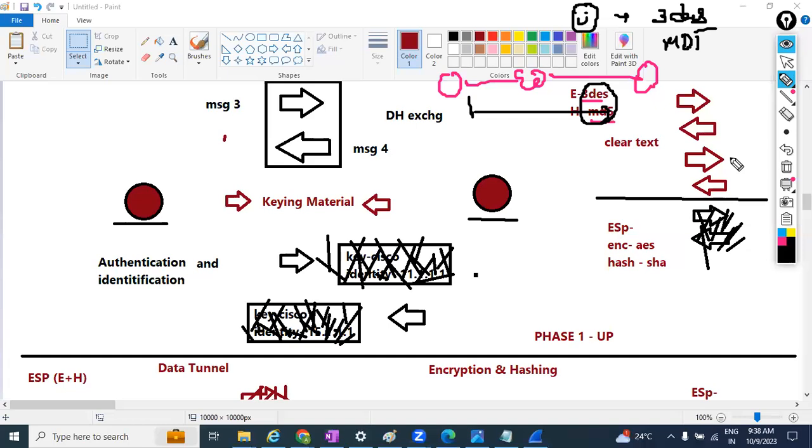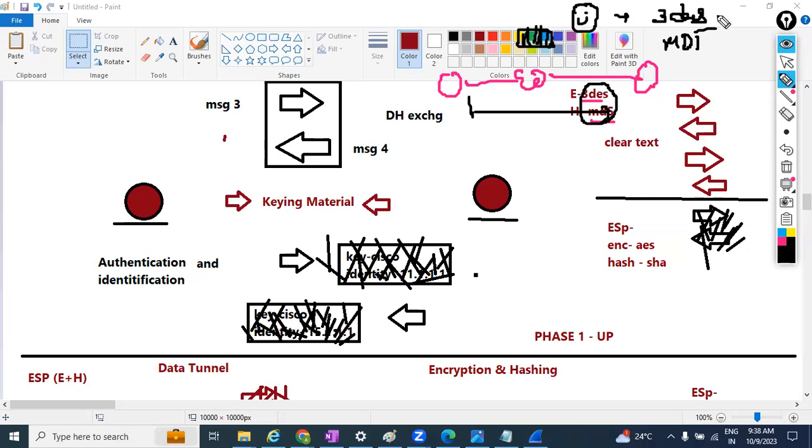Authentication happened successfully, but authentication happened in the encrypted format. I don't know what exactly the authentication key is that they are using, and it's not possible for me to find it out. Let's consider I have their message or something, but it is in the encrypted format and I'm not able to decrypt it.